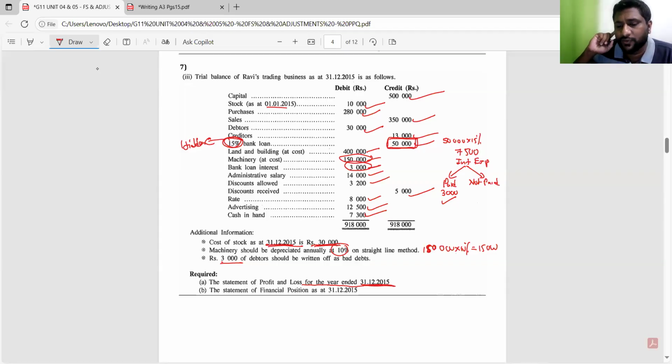Out of 7,500, 3,000 paid means not paid 4,500. So we give questions on this one. Only the not paid amount we have to record. Paid amount is already recorded.